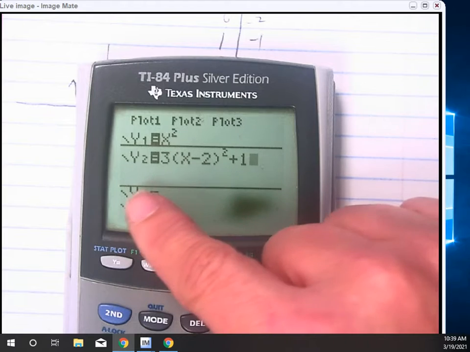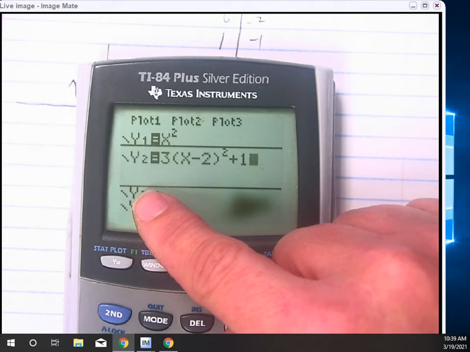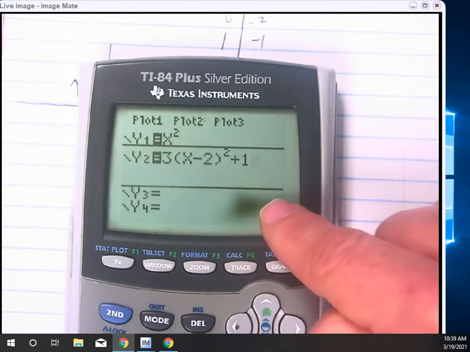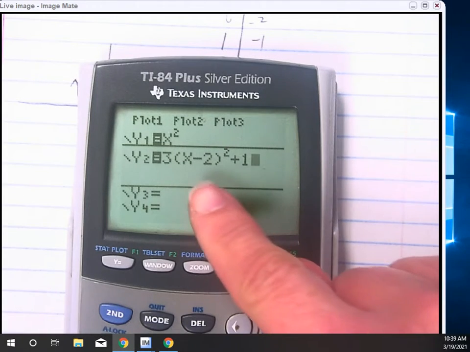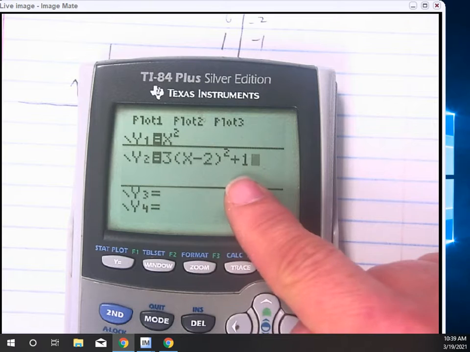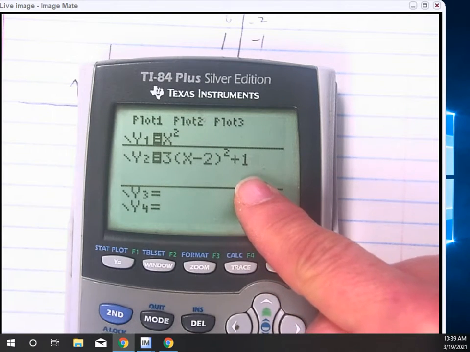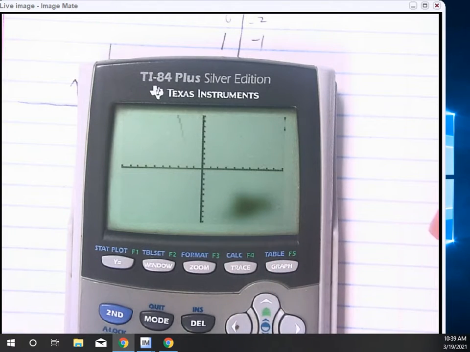The 1 and the 3 affect the y values. So looking at this graph, a parabola normally starts at 0, 0. And it has moved right 2, up 1. That's your vertex that you're going to start graphing. Parent function moved right 2, up 1, and stretched by a factor of 3.